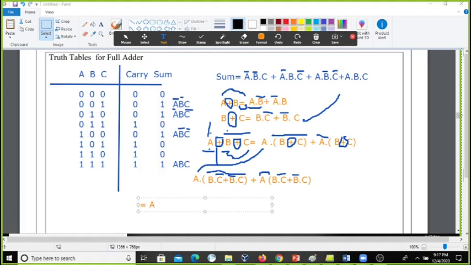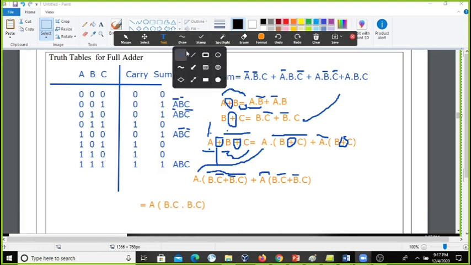So now here this addition changed to multiplication because of De Morgan's law.